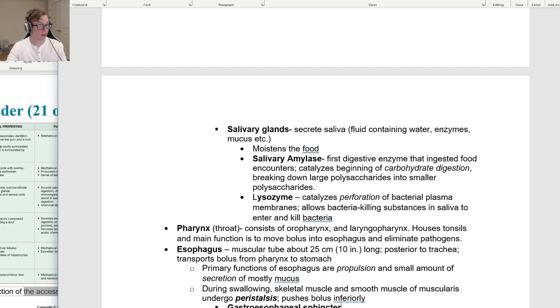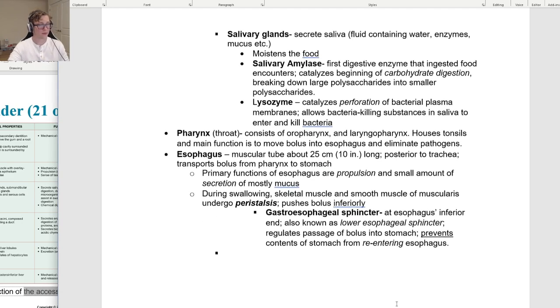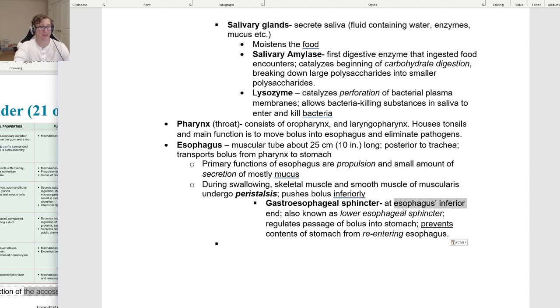So we have our gastroesophageal sphincter, connecting the esophagus to the stomach, at the esophagus's inferior end, known as the lower esophageal sphincter. It regulates the passage of the bolus into the stomach and prevents the contents of the stomach from re-entering the esophagus.